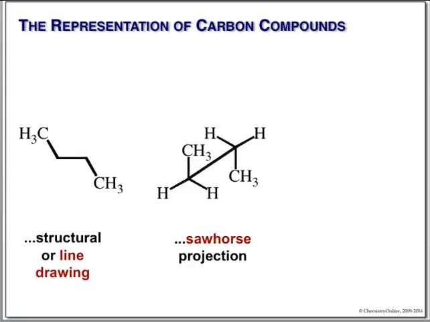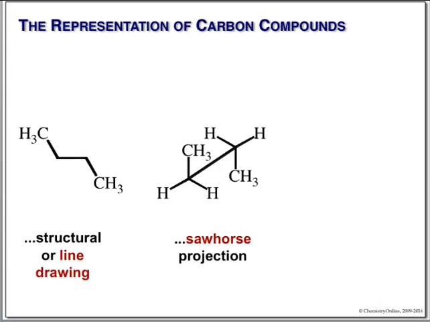When they do that, you get what's called a sawhorse projection. You'll see every possible permutation of organic structures. This is obviously a CH3. This guy's a CH2, we just didn't show the carbon. This guy's in front, and in back here, we have our CH2 and another CH3, called a sawhorse.